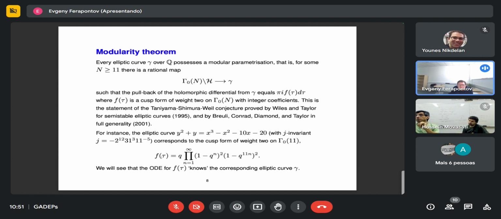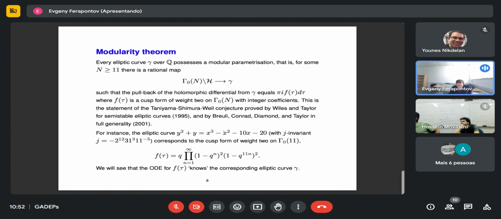So in other words, if you know the third order differential equation for the modular form, then you reconstruct the curve, right? So there is a kind of direct link between differential equations and elliptic curves for modular forms of weight 2. So in other words, this differential equation for f of tau knows the corresponding curve.